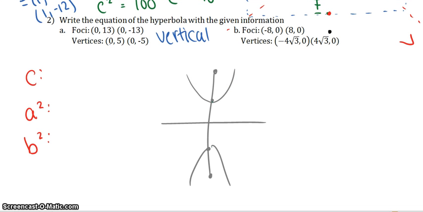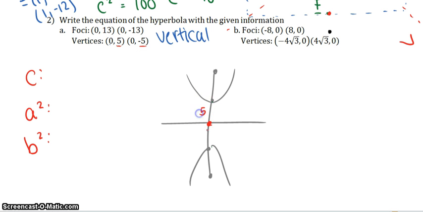Looking at this picture, we can easily figure out what the center is. Keep in mind that the center is really the midpoint between our two vertices, or our vertices are the same distance away from the center. Remember, you add or subtract the same number. Since they're just 5 and -5, we know that the midpoint of that has to be 0.